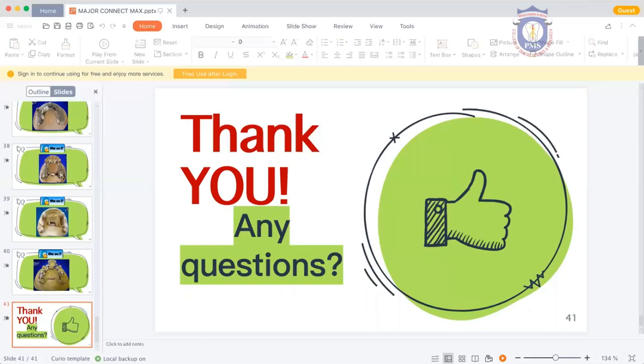Whenever we want to place a partial denture in the patient's mouth, we are supposed to take a decision about the type of prosthesis which we want to place. So in such situations, we have to look into the conditions present in the oral cavity of the patient.